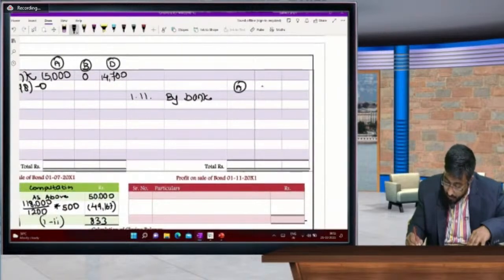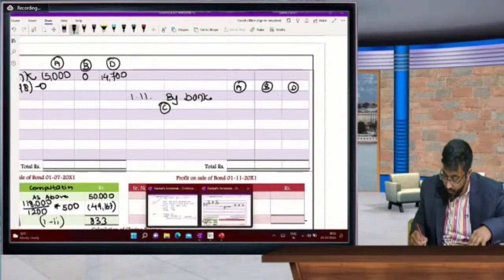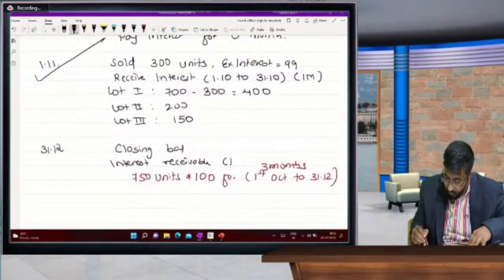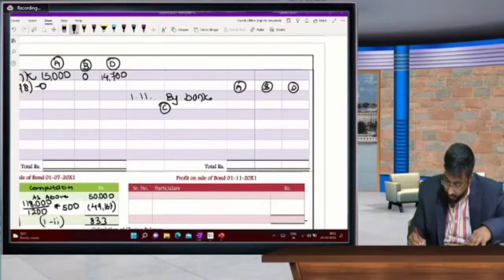A, B, C, D. What is A? Face value. 300 into 100. How much? 30,000.